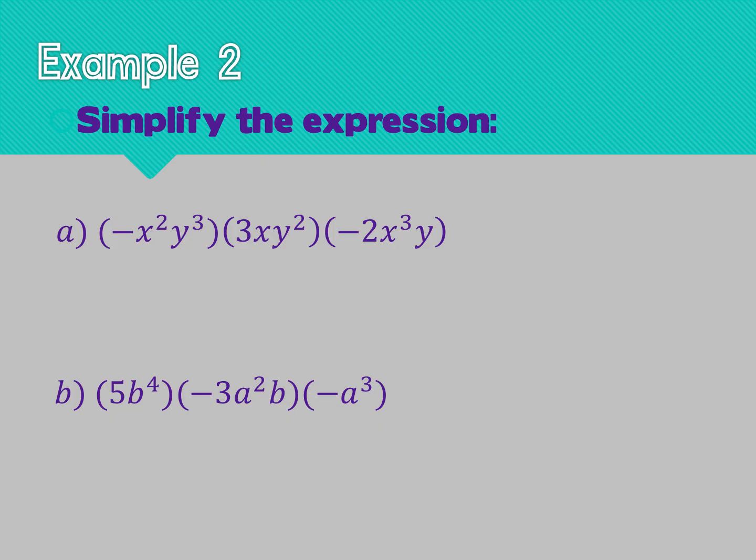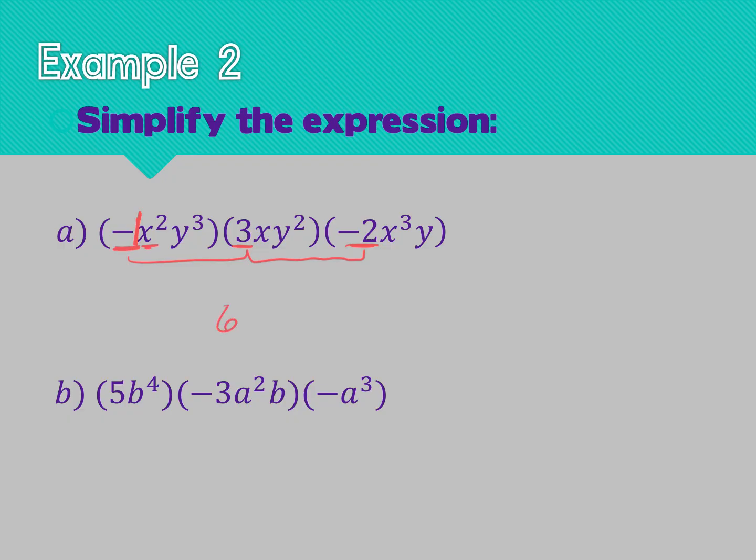So another thing to note, if you don't see a coefficient, you can assume that it's 1, right? So if I see a negative with no number, assume it's a negative 1. And I can still do negative 1 times 3 times negative 2. And then if I did negative 1 times 3, that's going to get me a negative 3. And a negative 3 times negative 2 is a positive 6.